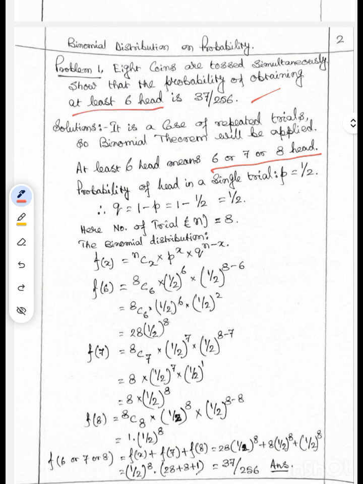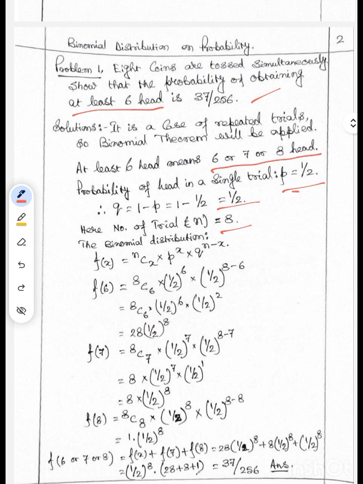Probability of head in a single trial is p equal to half. Therefore, q is also 1 minus half, that is equal to half. Here, number of trials n equal to 8.